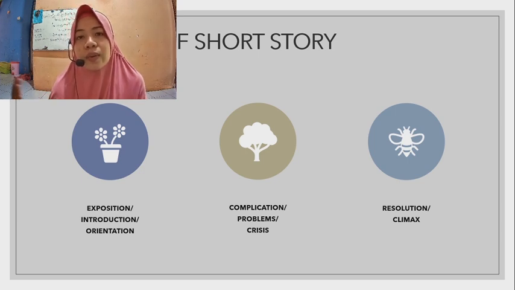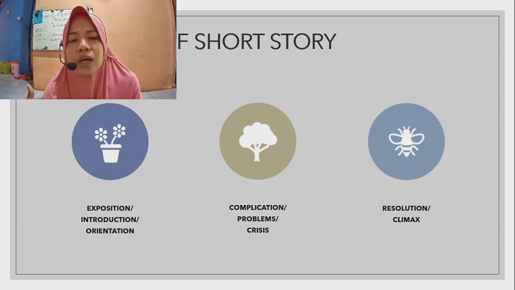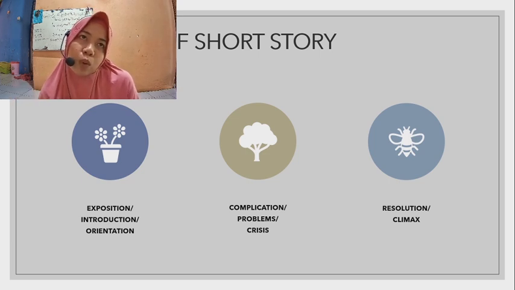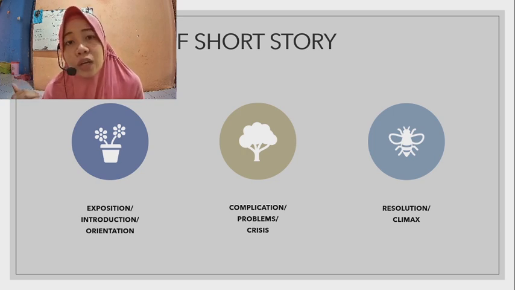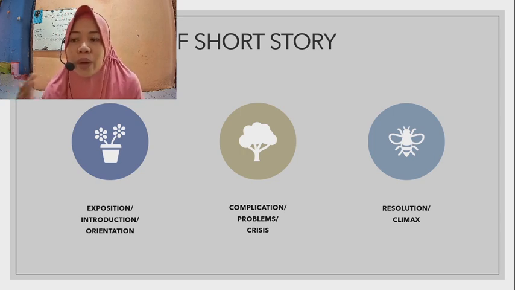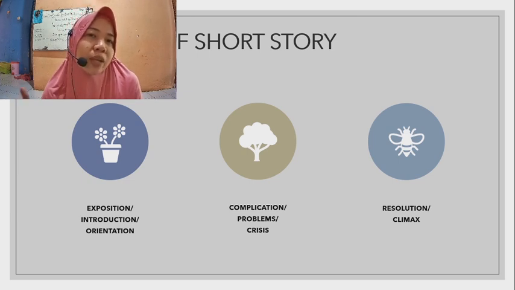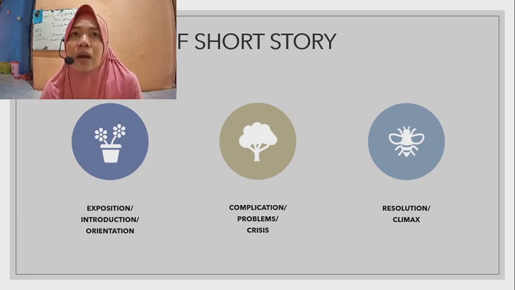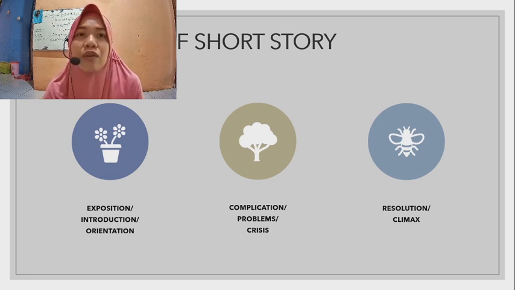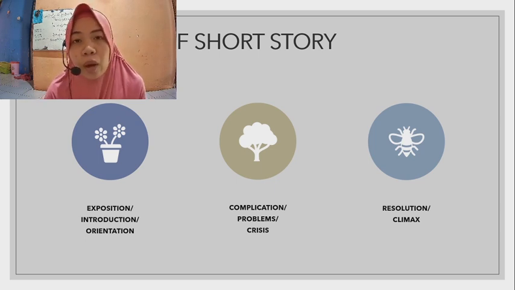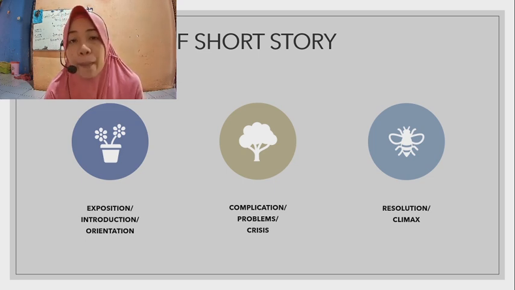Sometimes there is a writer who loves to talk about exposing the characters, talks much about the characters and the setting itself, but only has limited discussion about the crisis or the problem. But there is also a story which only discusses a bit of the character, but more about how the conflicts happen.